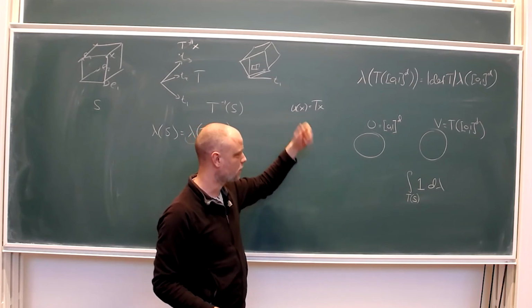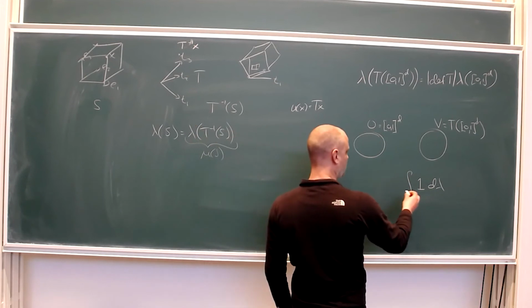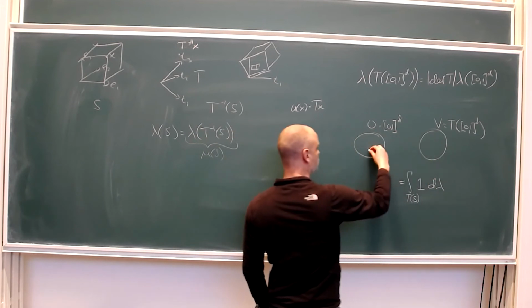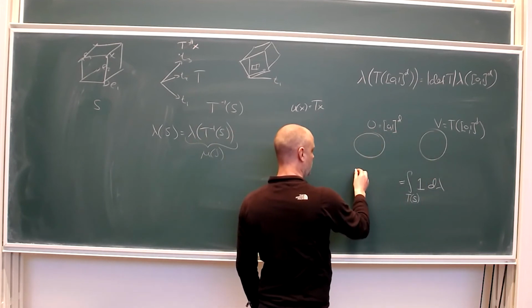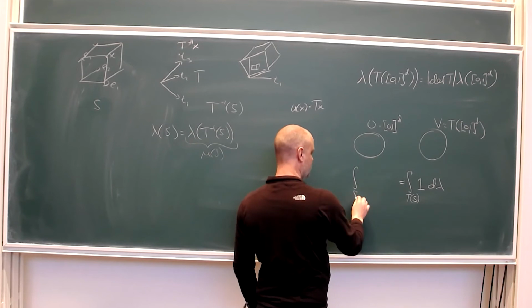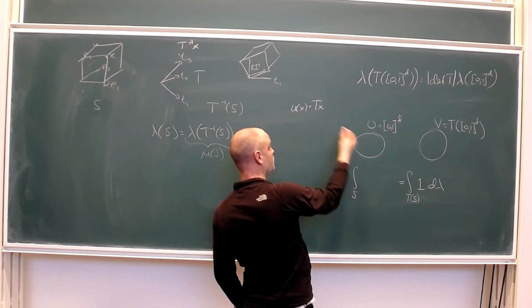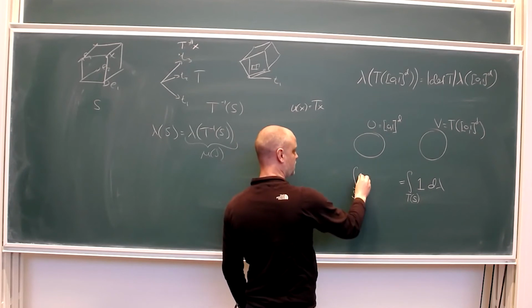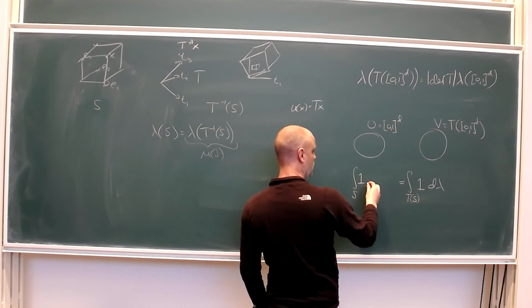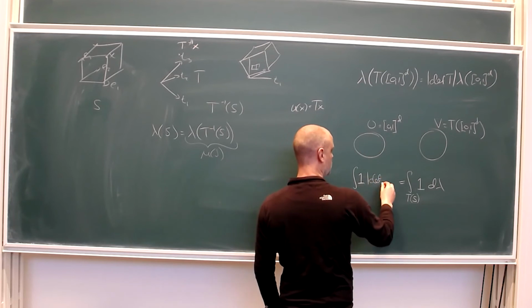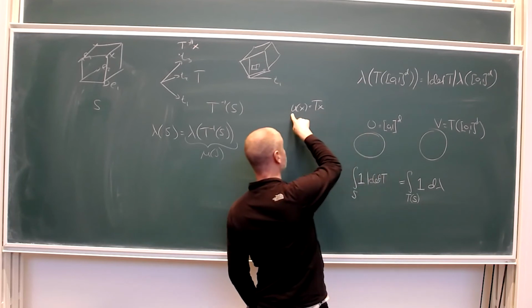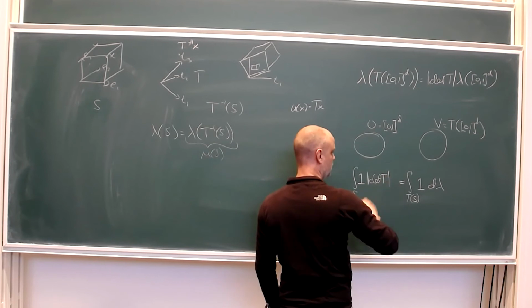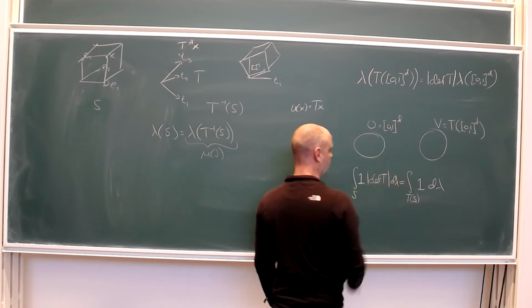So let that be our u. Then the change of variable formula tells me that I can move this back here. And then for this set S, I have to use the inverse image under u, so I just get the set S. And now I'm still integrating the function 1. And here I put the determinant of the derivative of u, which is T in this case, with respect to lambda.